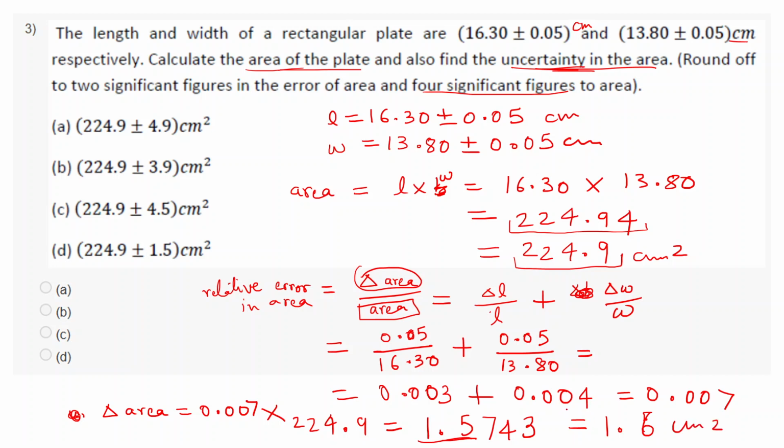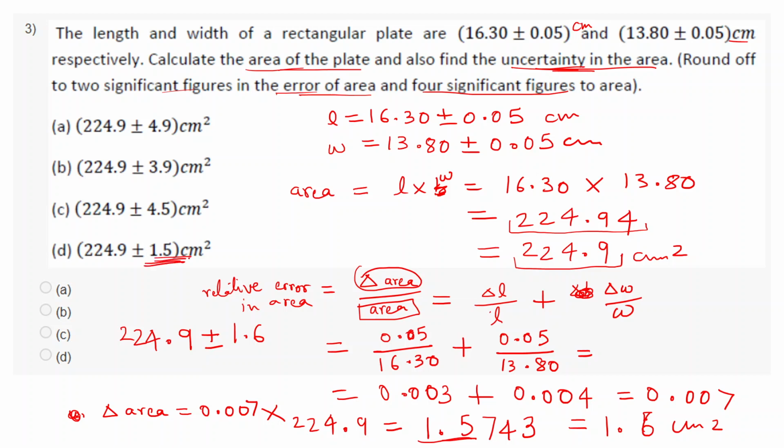Then the area of the plate I can write finally, considering this error, as 224.9 plus minus... because they have asked for error in area up to two significant figures, so we have to give up to two significant figures. So the final answer should be 1.6.